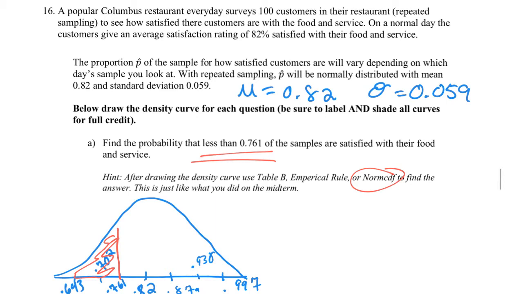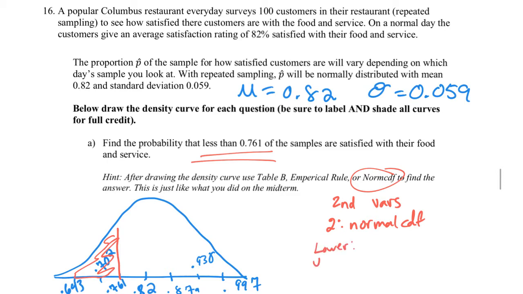I'll make a separate video that shows the calculator on how to do this, but we're going to take our calculator and go to 2nd, VARS, and then we want option 2, which is normal CDF. When we're finding the percent, we use option 2.